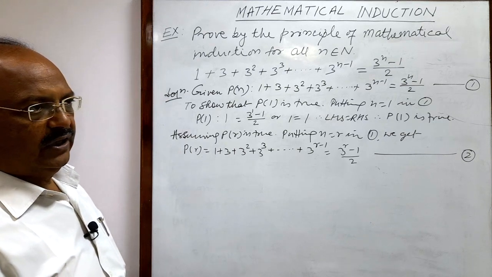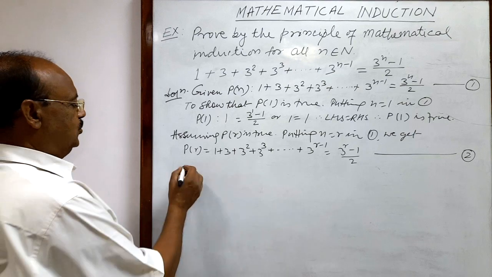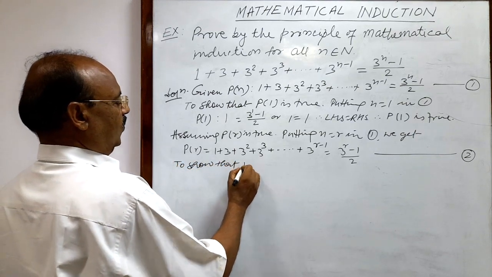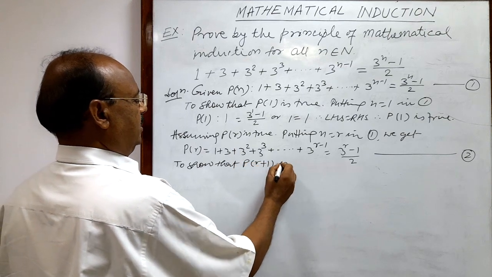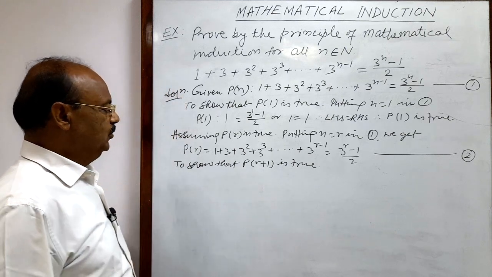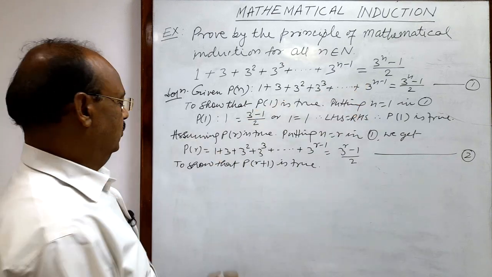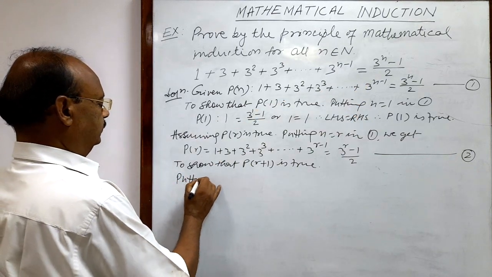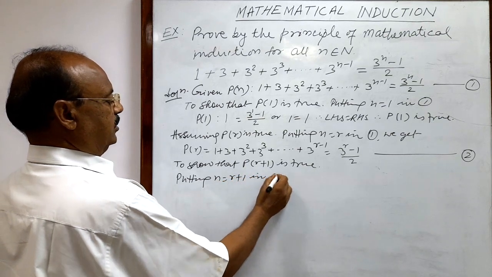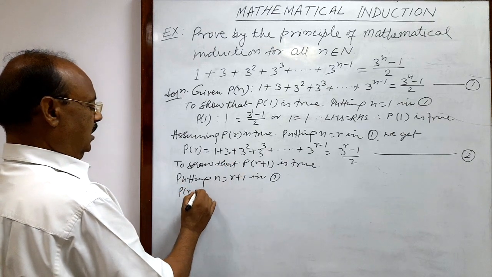Now the third and last step: we have to show that PR plus 1 is true. For showing this we put n is equal to R plus 1 in relation number 1. We get PR plus 1.